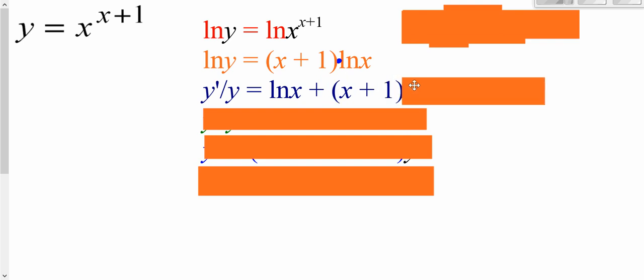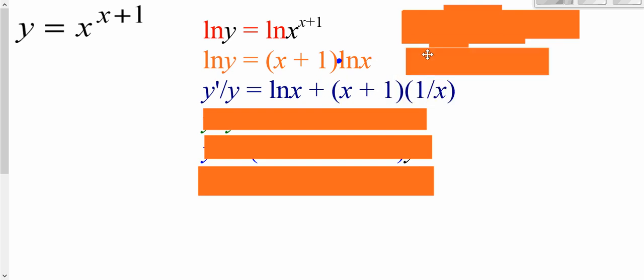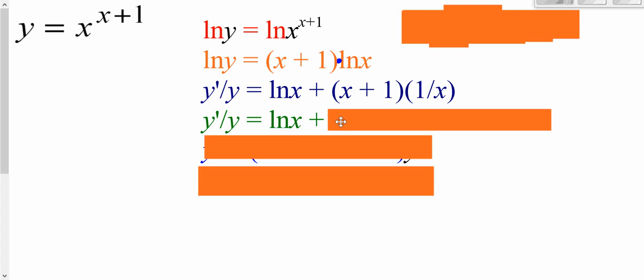Then you do derivative of the first times the second, plus the first times the derivative of the second, which would be 1 over x. So here I'd probably distribute my 1 over x into my parentheses. So 1 over x times x, 1 over x times 1.